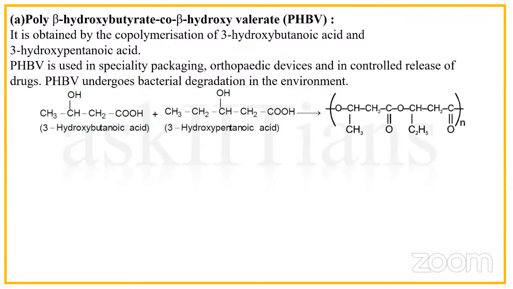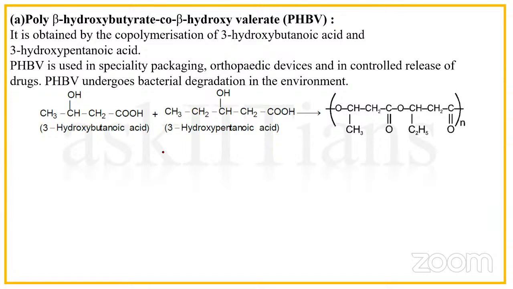The PHBV structure looks like this. We have taken 3-hydroxybutanoic acid. On the third position we have OH, so this is 3-hydroxybutanoic acid, and secondly we have taken 3-hydroxypentanoic acid. So butanoic acid and pentanoic acid.